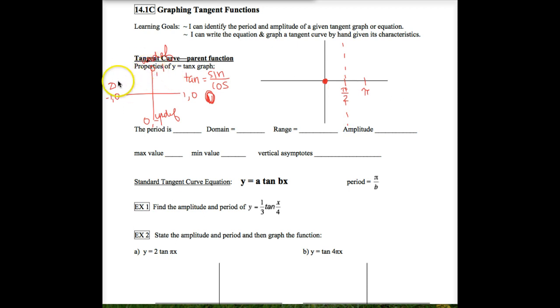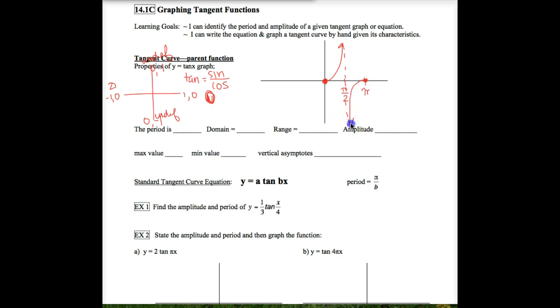Then, because the tangent is negative over here, the tangent's going to gradually get bigger and bigger and bigger until it becomes undefined. Then, in quadrant 2 over here, it is negative and slowly gets less and less negative until it gets back to 0 over here at pi. So it's negative, negative, negative until it gets back to 0 at pi.